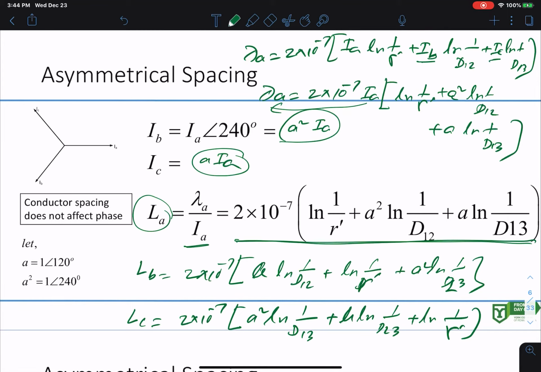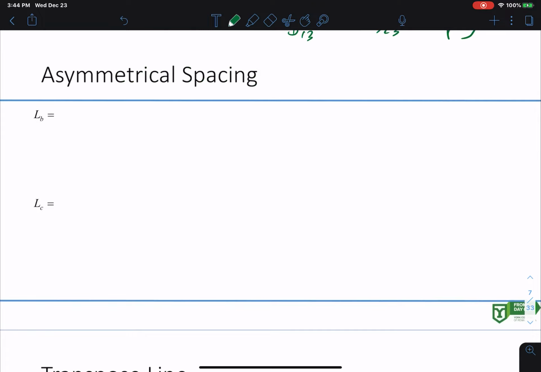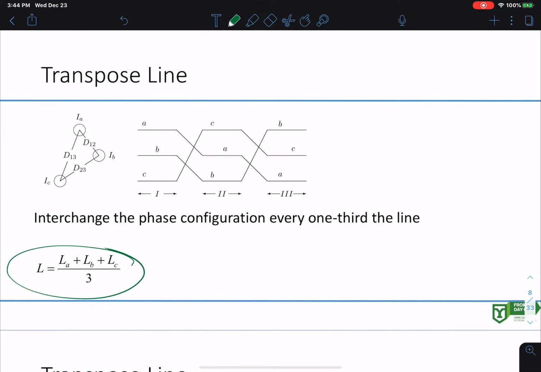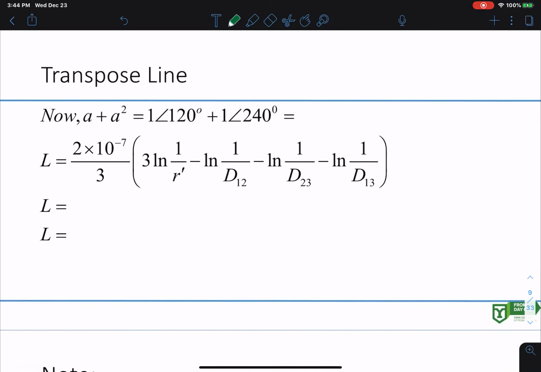To find the average inductance for all three lines, we're going to take the average, called the average of the transposed line. If we take the average and put them all together and add them, that's what you get, right? Now you can rearrange this. 2 times 10 to the power negative 7, and you can multiply the 3 inside.